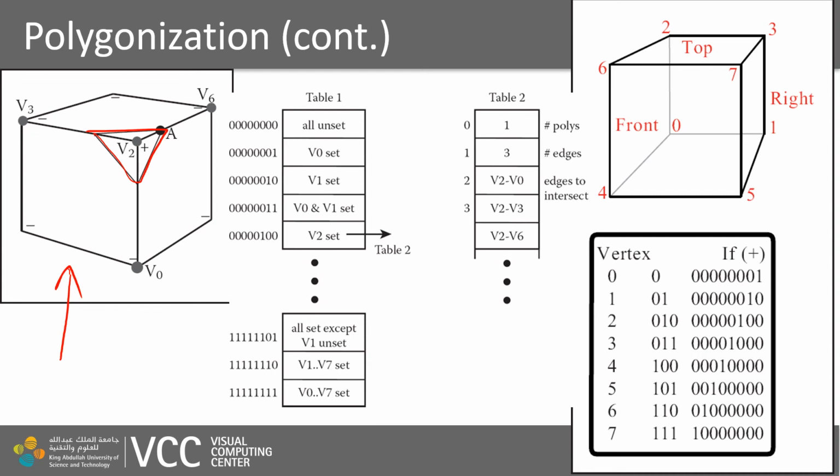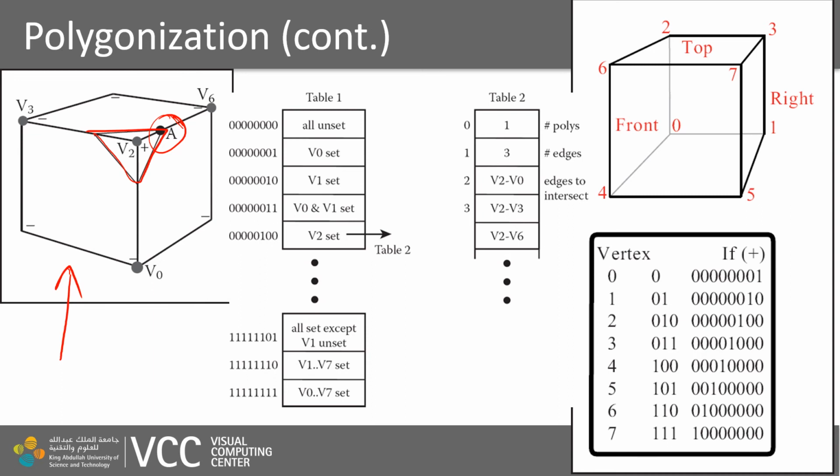Now, if we are interested in the value of the intersection on V2, V6, we would like to know where the intersection on this edge is. As I said, one approach can be that we define the midpoint.